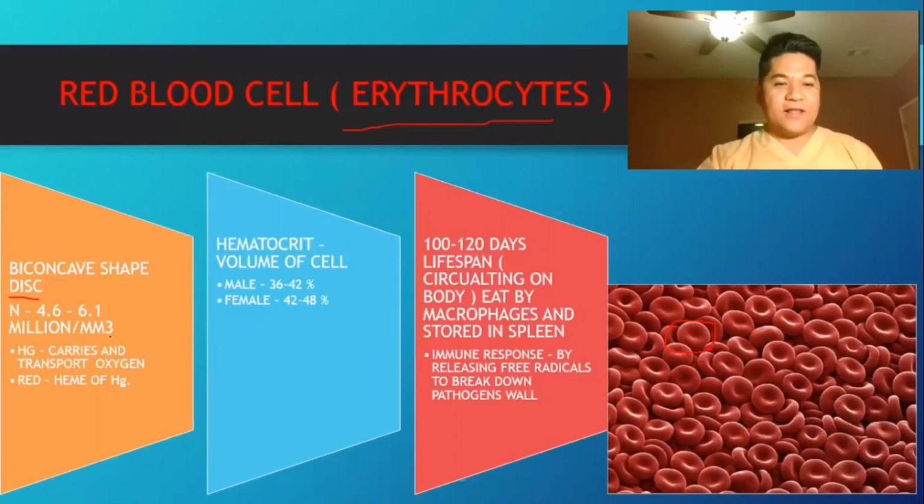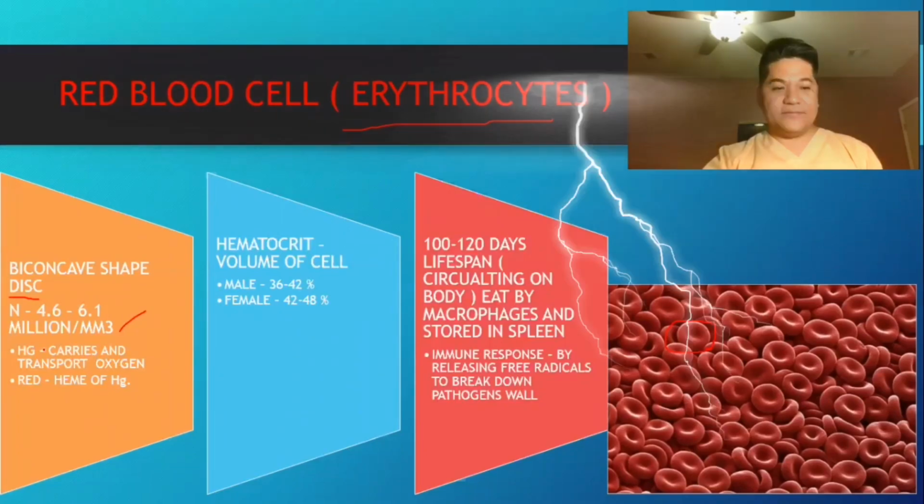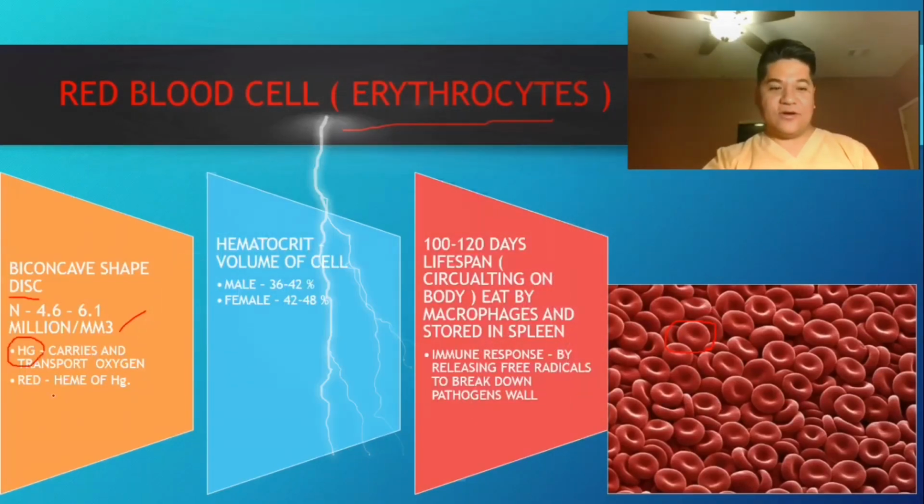The normal value for red blood cells is 4.6 to 6.1 million per cubic millimeter. The function is that it has hemoglobin, which carries and transports oxygen to our body. I mentioned that to you earlier.